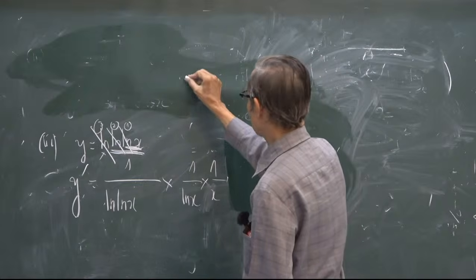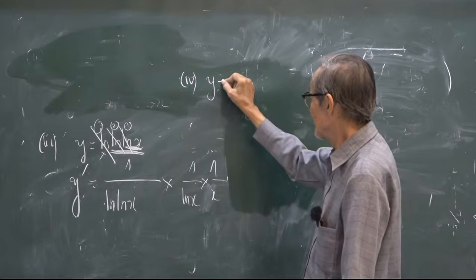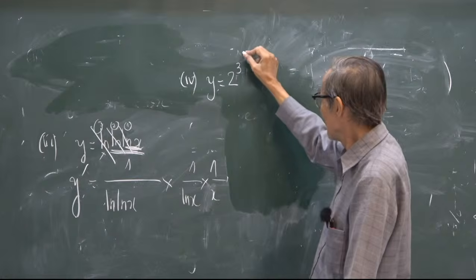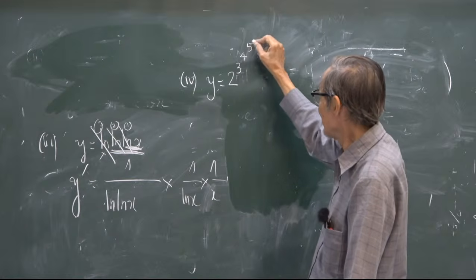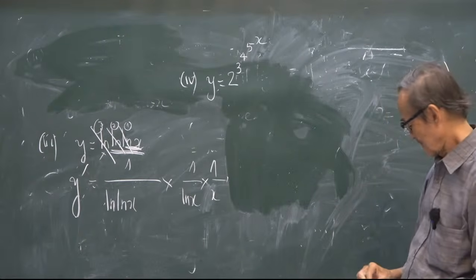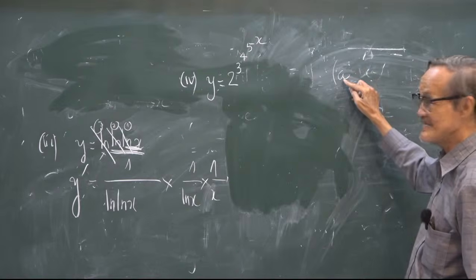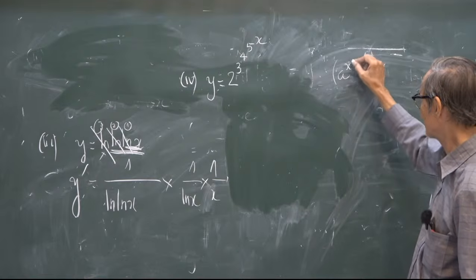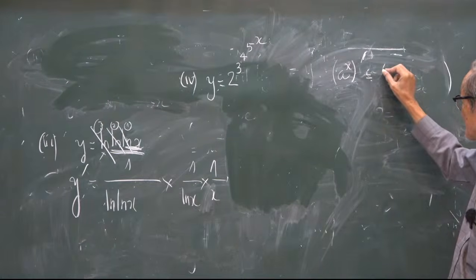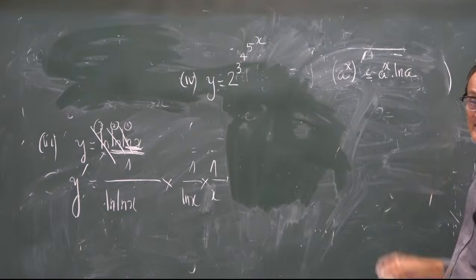Now number 4, y equals 2^(3^(4^(5^x))). Here we use the formula: the derivative of a^x equals a^x natural log of a.